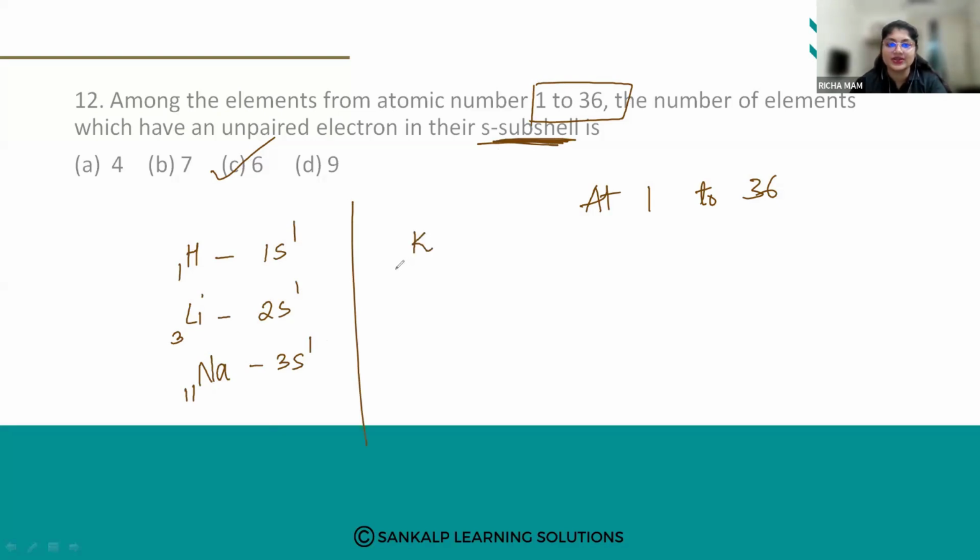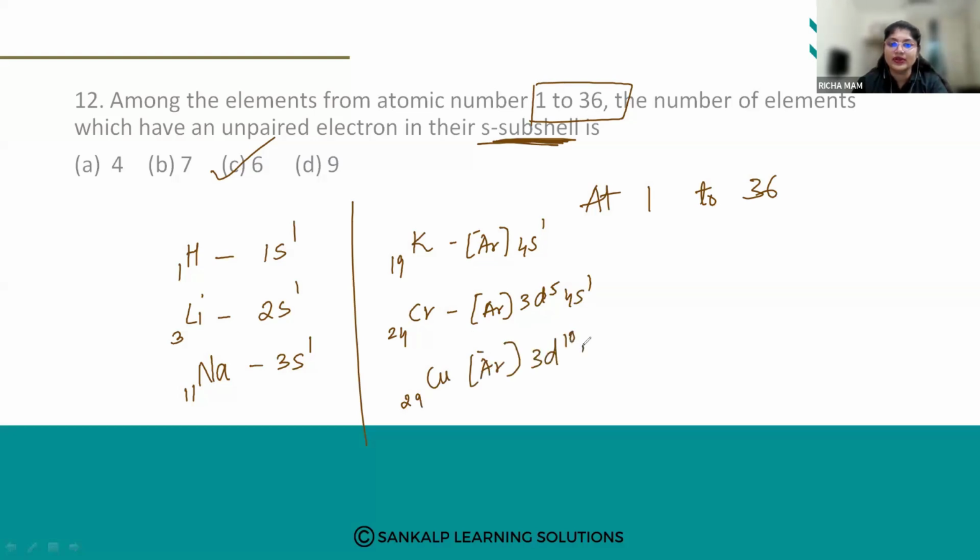Next is potassium, argon 18 plus 4s1. Next is chromium, 24, which is argon 3d5 4s1. Next is copper, 29, that is argon 3d10 4s1. So these are the 6 elements.